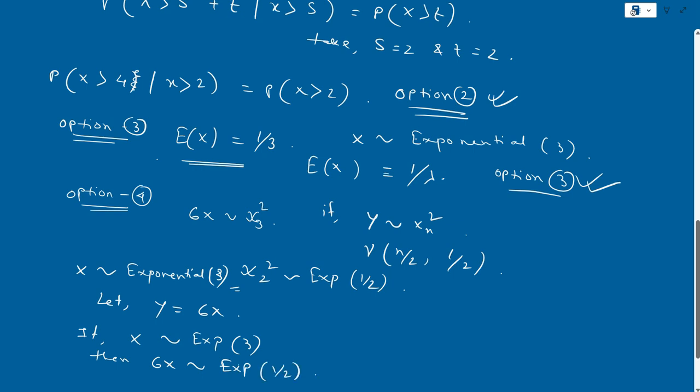Scaling changes the rate, and Y is not chi-square with 3 degrees of freedom. Hence, option 4 is false.